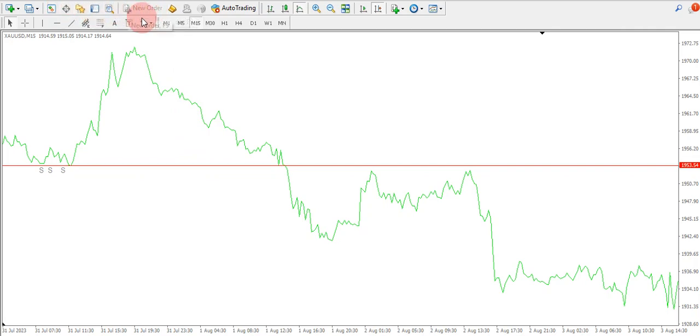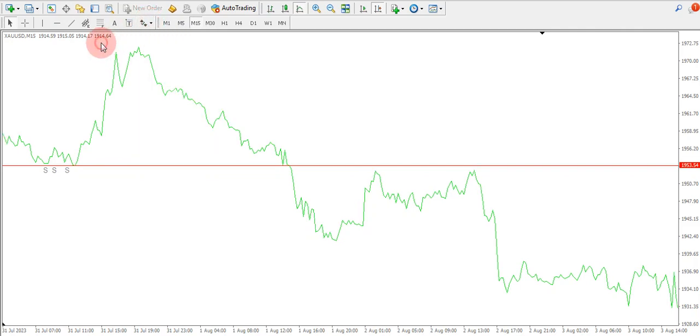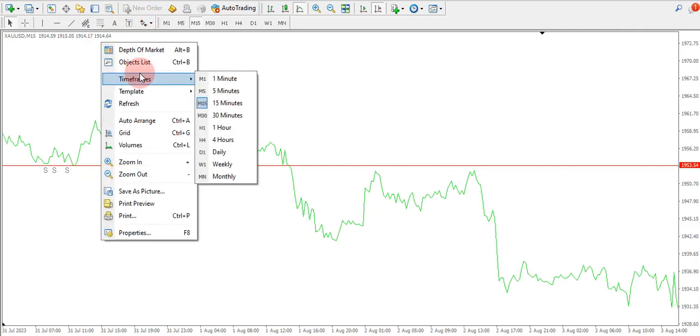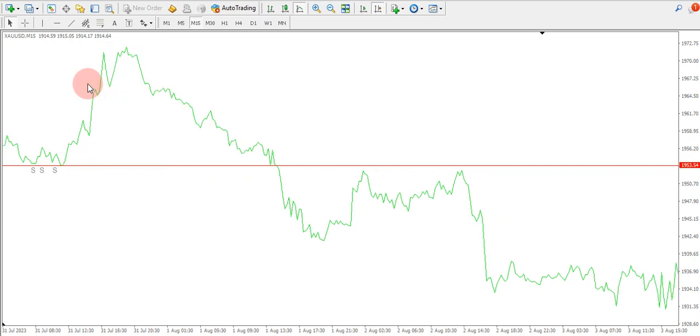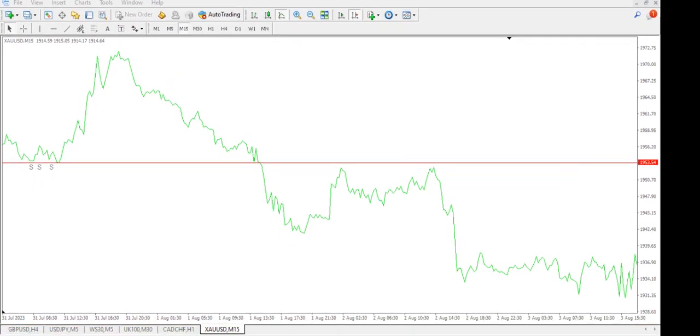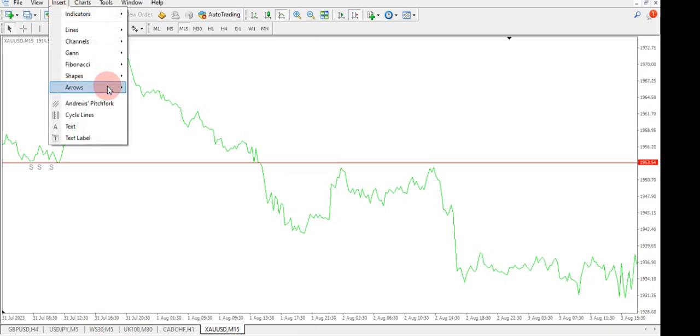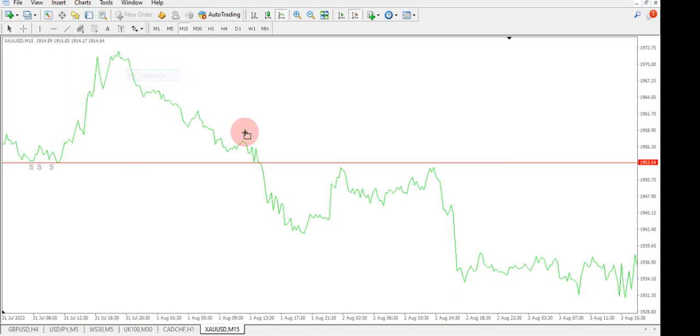This is what I've already picked up. Around our support levels, we have this. Did you see what the market did there? Do you see what the market did here?